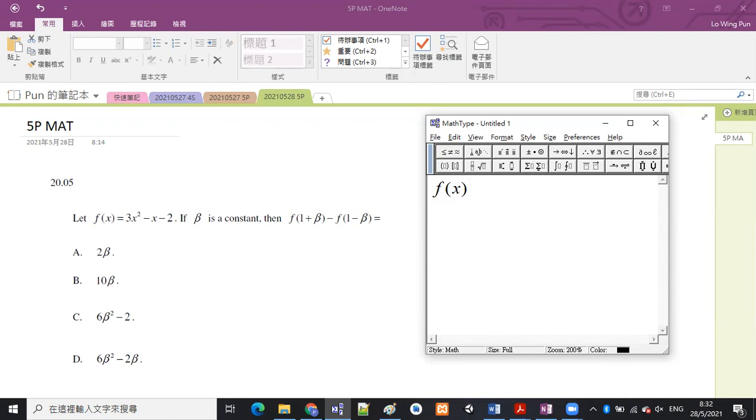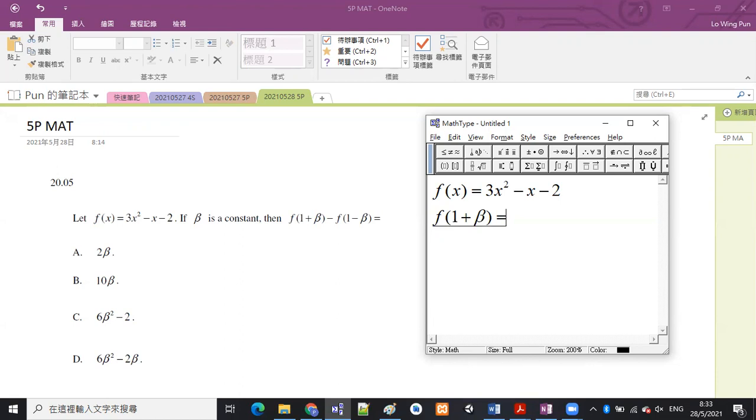The question asks us to find the value of f(1 + beta) minus f(1 - beta). So there are two f values, and we are going to find them one by one, separately first. The first one, f(1 + beta), is just equal to, just replace all the x by 1 plus beta.